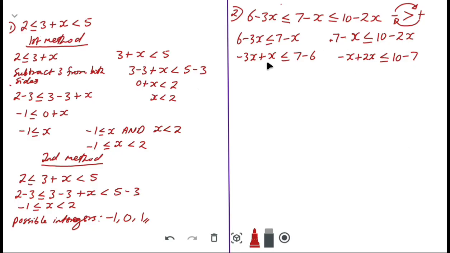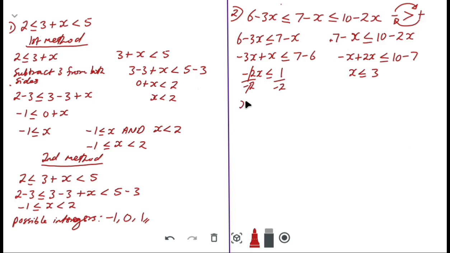So let's solve this completely now. This will be minus 2x less than or equal to 1. The other one is going to be x less than or equal to 3. If we divide both sides by negative 2, the inequality sign is going to change.